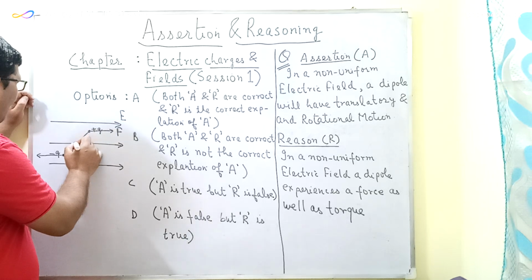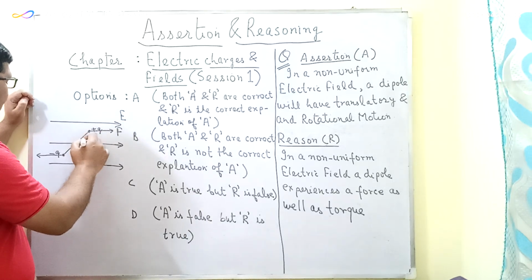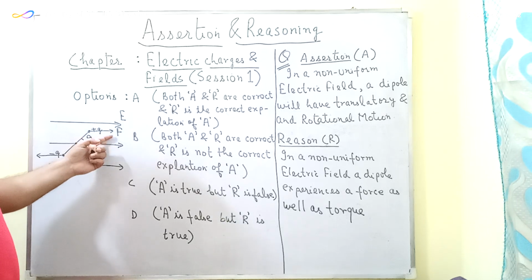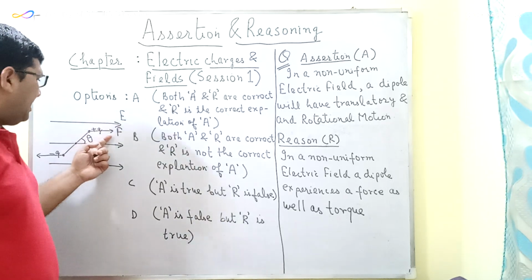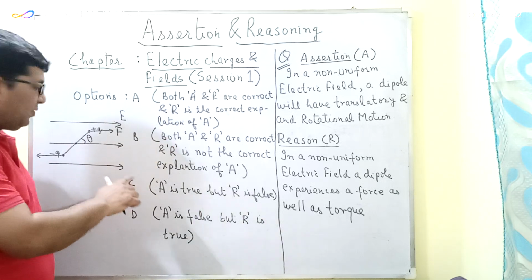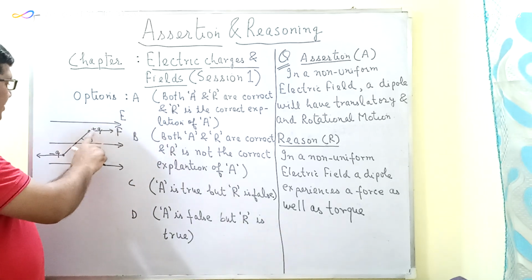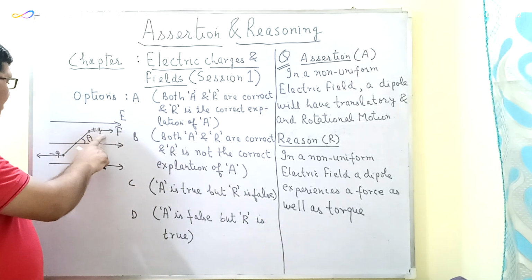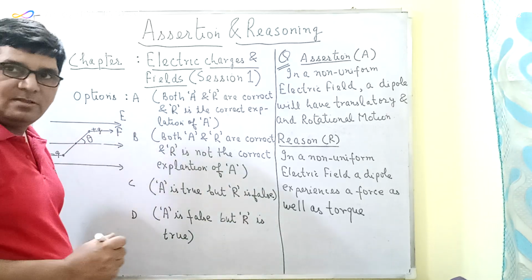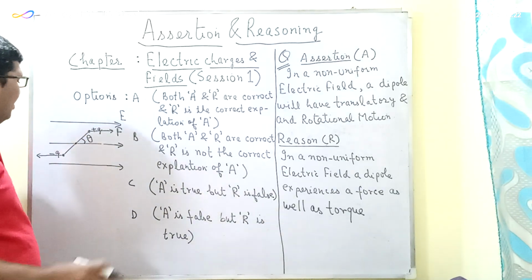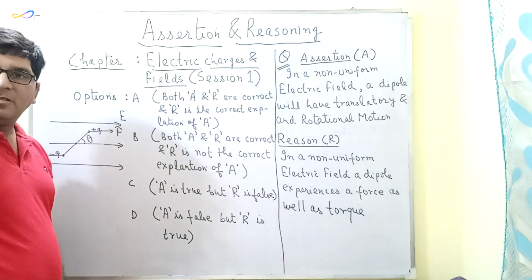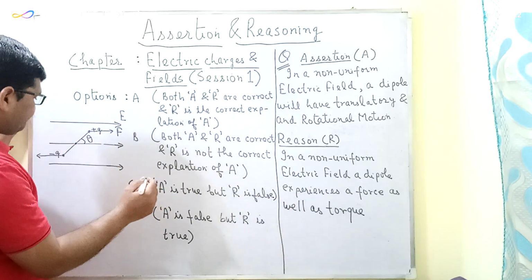In the case of a uniform electric field, let us say this is a dipole making an angle theta with the direction of this electric field. When the electric field is uniform, these two forces acting on the positive and the negative charges will produce a torque, and it will try to rotate this dipole so that it gets aligned with the direction of the electric field.